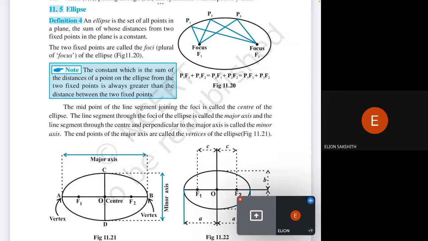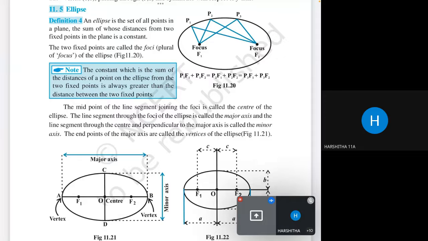Sir, exact definition I'm not getting. Sir, angle between plane and axis, sir. Yes, very good. What is then alpha? Angle between axis and generator. Very good, very good. Angle between the axis and generator.